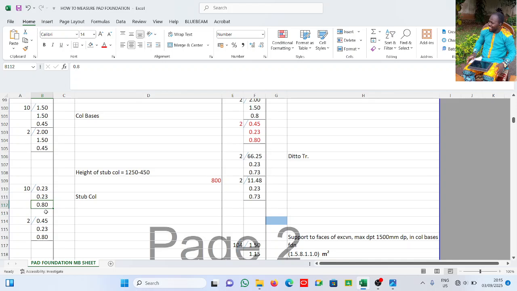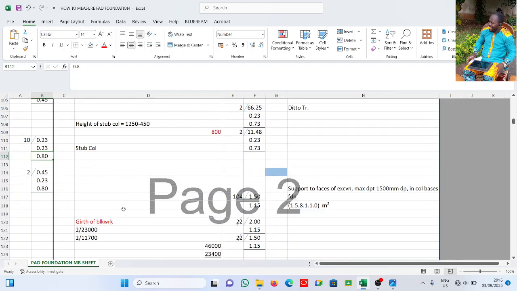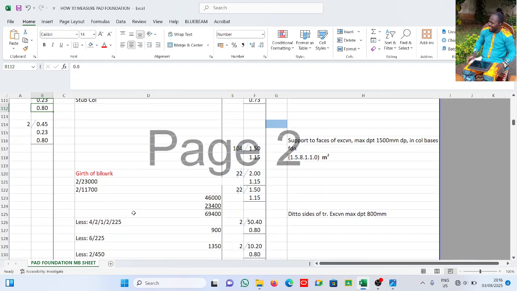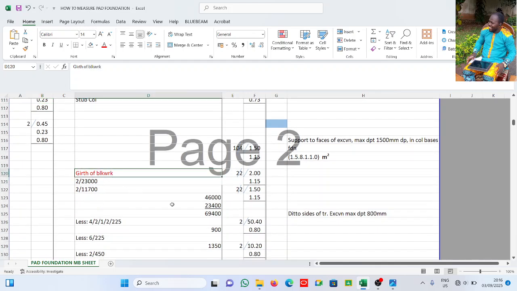All right. Now the same thing. I explained also that the block wall at that point also has to be deducted, because the block wall has come to displace the soil that was there before. Now this is the girth of the block wall.